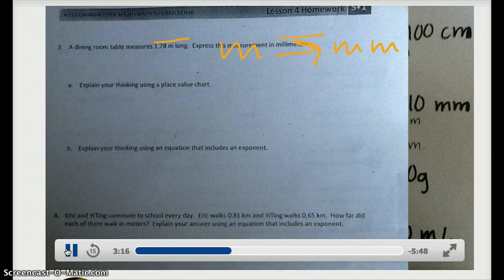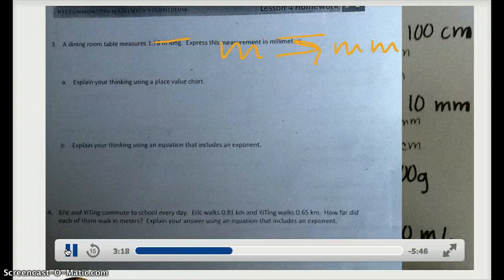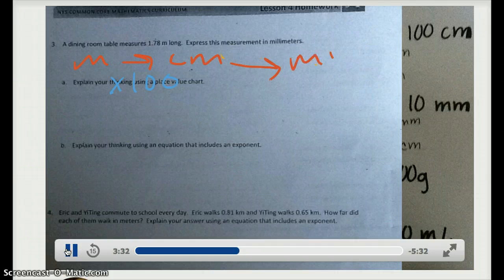The first thing we need to do is go from meters to centimeters. How do we go from meters to centimeters? We multiply by 100, and then we need to go from centimeters to millimeters. And in order to do that, we multiply by 10.